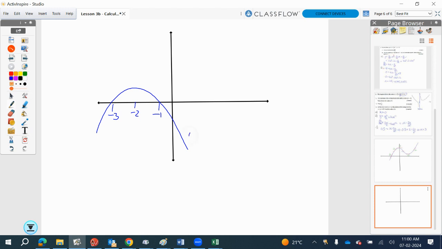If this is the graph of y equals f prime of x, this is a hard question. This is the graph of the derivative. When is this function rising?